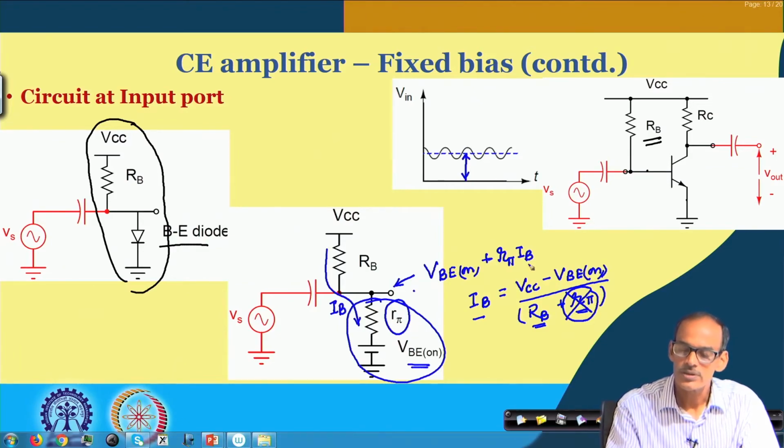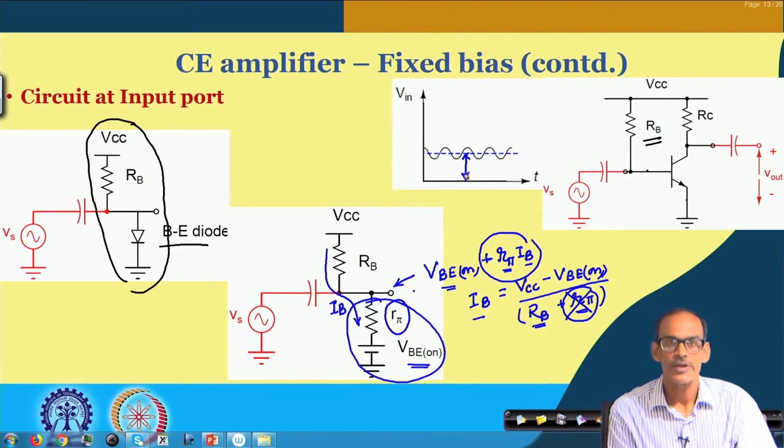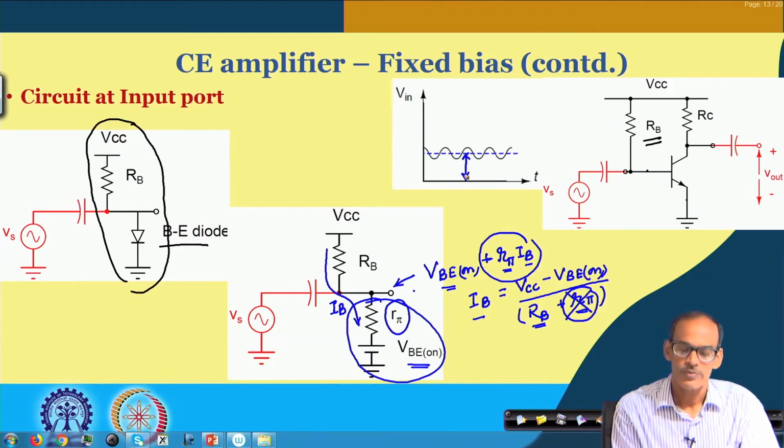Note that this base current as well as this R pi typically is very small. So, this part may be very small compared to VBE on. So, we can say that this DC voltage is very close to VBE on, but slightly higher.